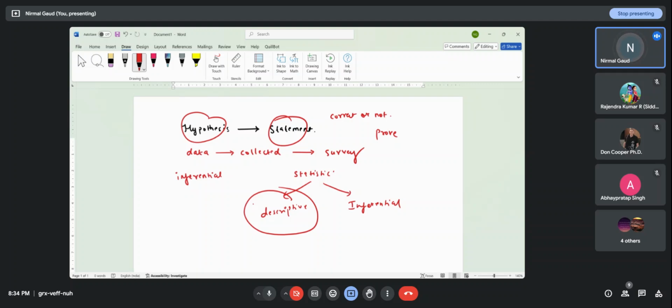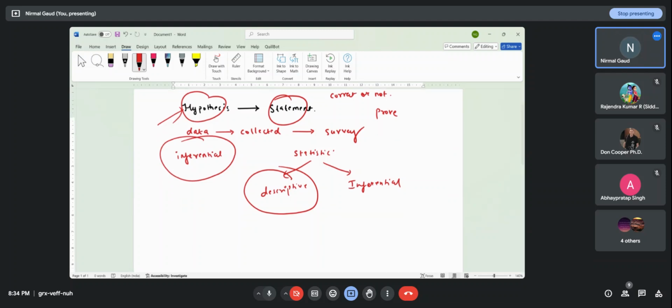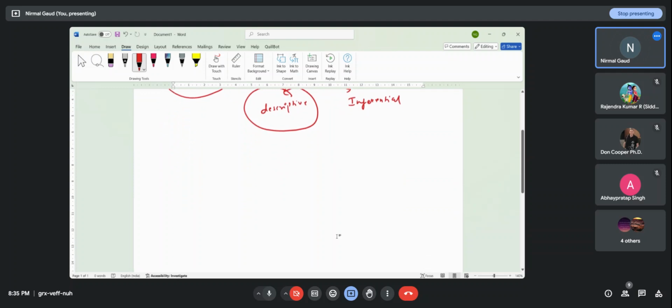Once the description is over, now I want to make inferences. That means I want to write a hypothesis over it. In hypothesis testing, we are available with a population, the entire population, complete data.